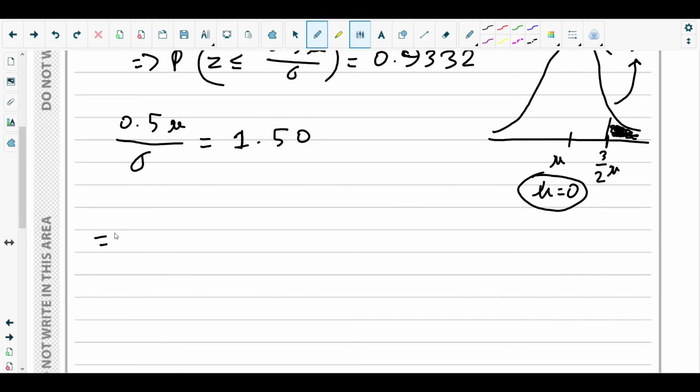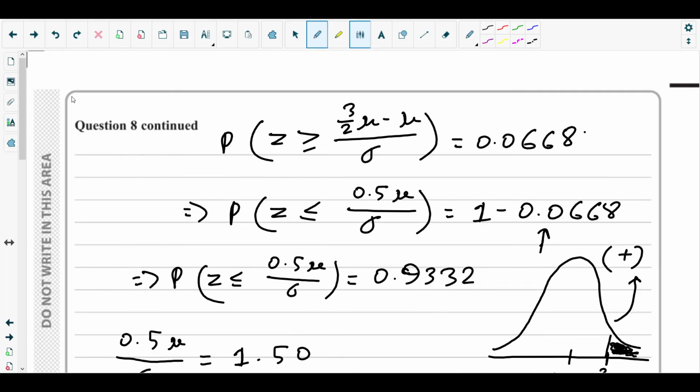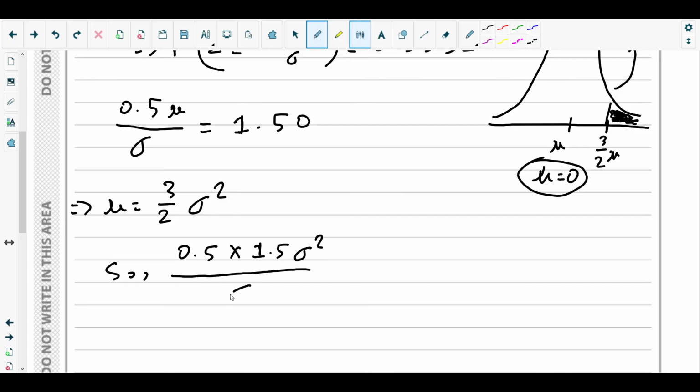So half of mu over sigma. We know that it's given in the question that 2 mu equals 3 sigma squared. So that means mu can be written as 3/2 sigma squared, right? So we can write 0.5 times 3/2 sigma squared over sigma is equal to 1.50.